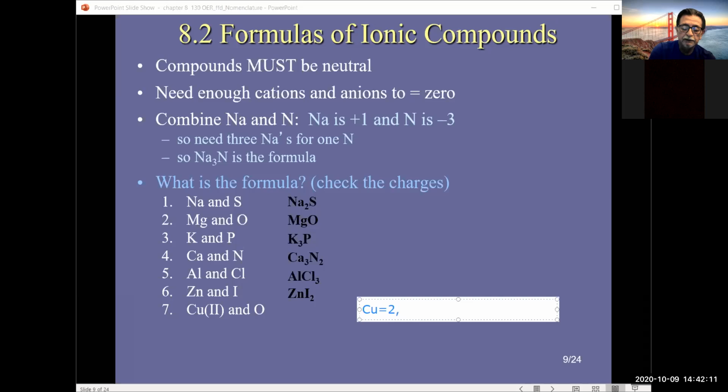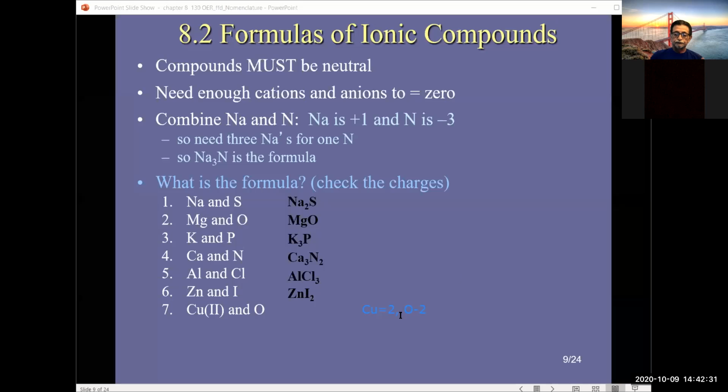And the ion is oxide, and we know it's in group 6, so it has a -2 charge. That's supposed to be a plus, not an equal sign. And so that's a +2.